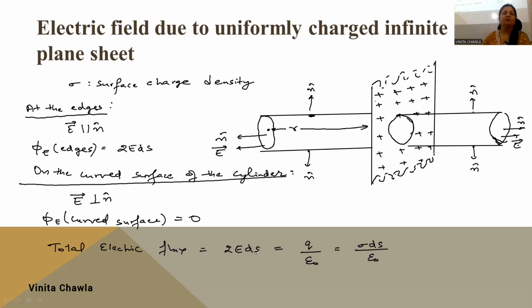So for a small area element we have this electric flux, and here also we'll consider a small area element only. On comparing these two, we can write the expression for E. The ds cancels, so E is sigma upon 2 epsilon naught. Now enclose this in a box.